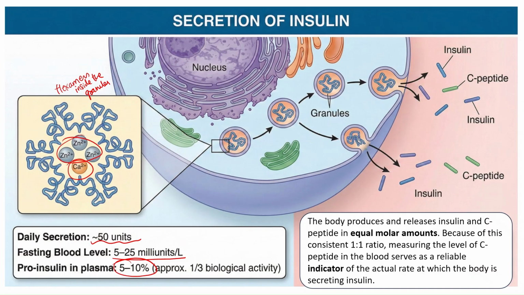The daily secretion, which is 50 units per day, fasting blood level of insulin 5 to 25 milliunits per liter, and among the measurement, we find proinsulin in the plasma approximately 5 to 10%. The pro-insulin is significantly less effective than the active insulin, where the biological activity of the pro-insulin is one third compared to the active insulin.